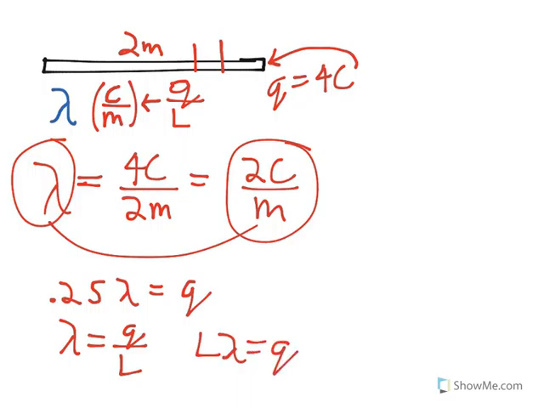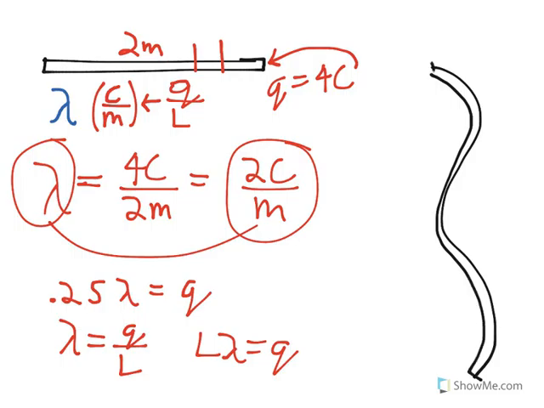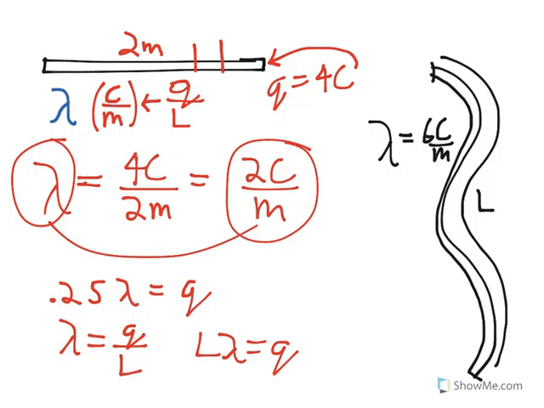Okay. So it would be the same thing even if you were given a curvy wire. Or actually, let's go the other way. Say you were given lambda equals 6 coulombs per meter. And then you were told that this wire of whatever length has Q equal to 3 coulombs on it.